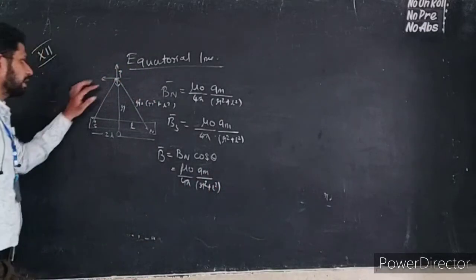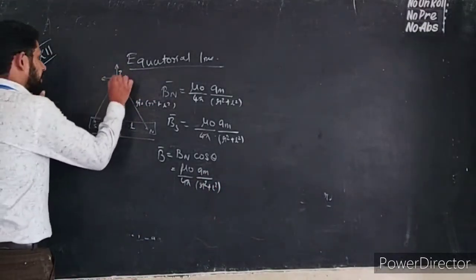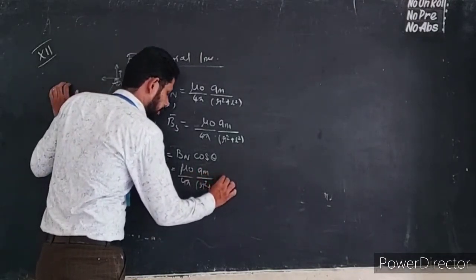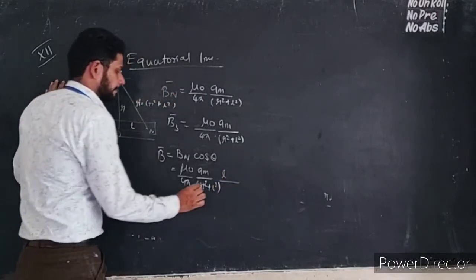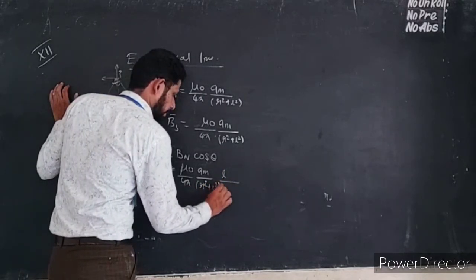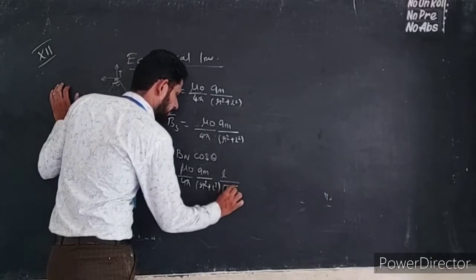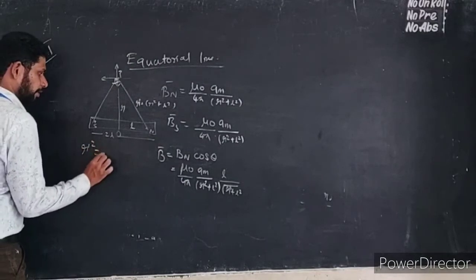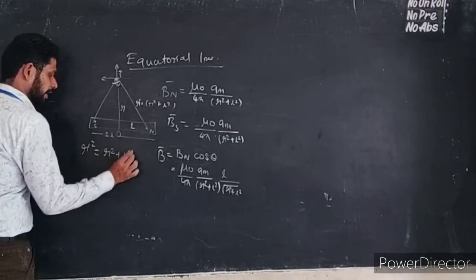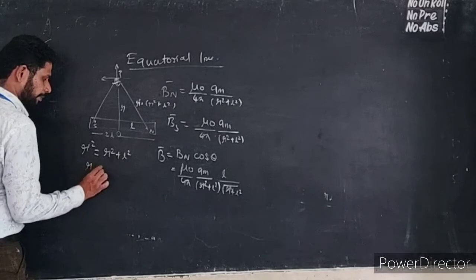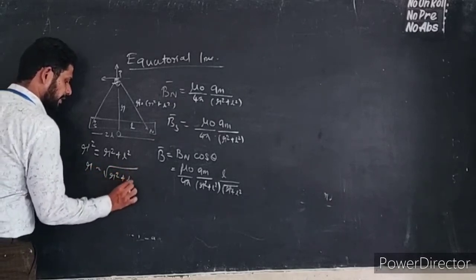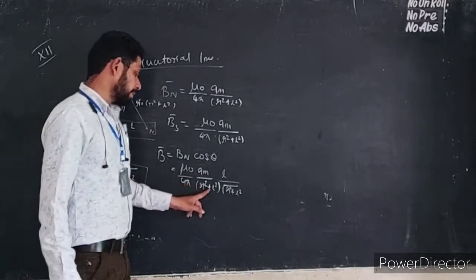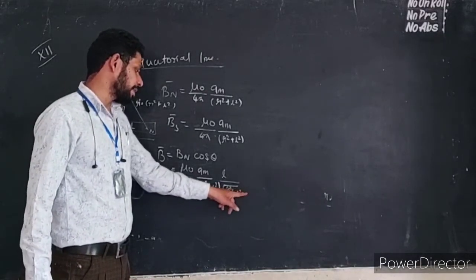What is the adjacent here? The theta will be acting here. The adjacent will become L divided by R dash. Since R dash square equals R square plus L square, R dash will be equal to the root of R square plus L square, that is R square plus L square power 1 by 2.